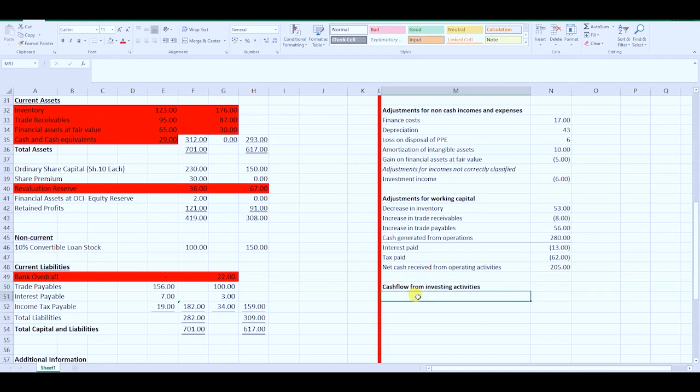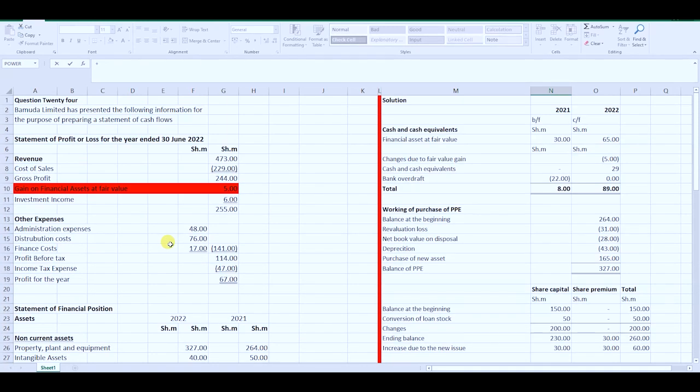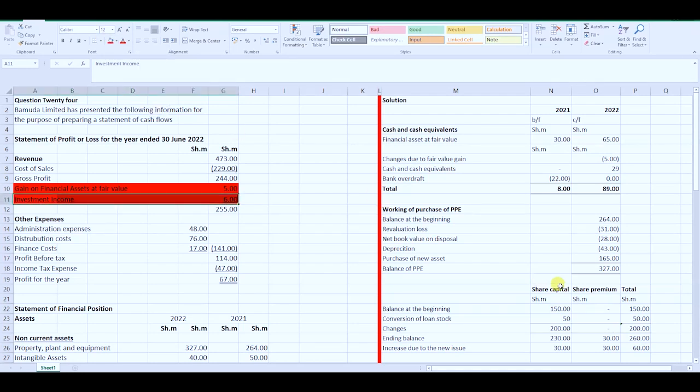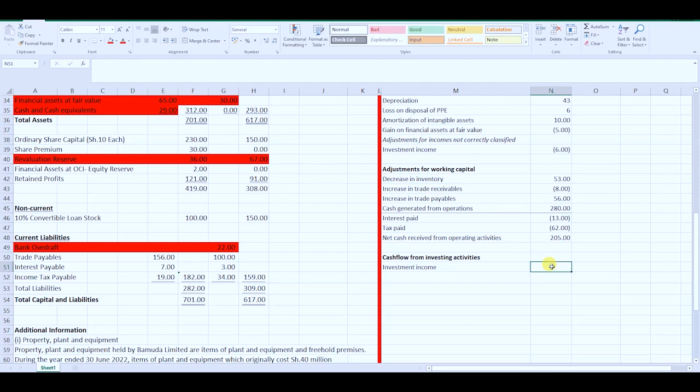The first talking point over there is investment income, from the income statement. Investment income is right here, you can see it. So I first of all put it in with the format painter, as 6.